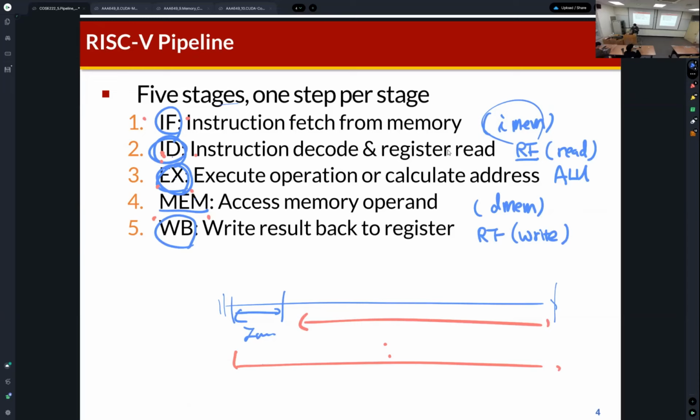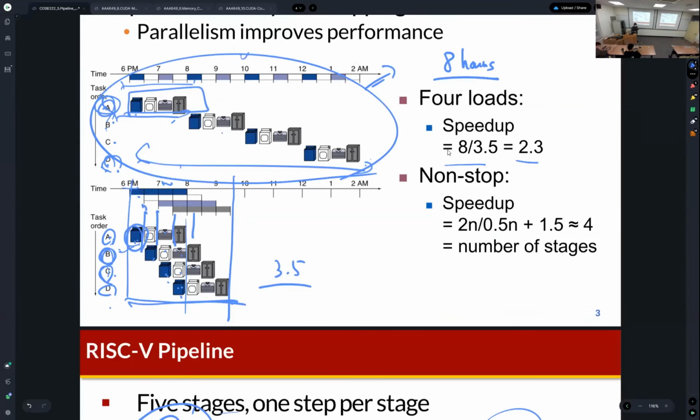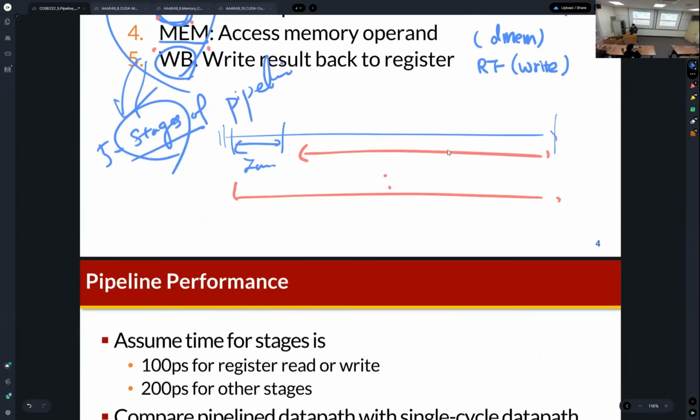When a pipeline idea is applied to the processor design, we split these 5 steps into the 5 stages of the pipeline. A stage means a step like this.